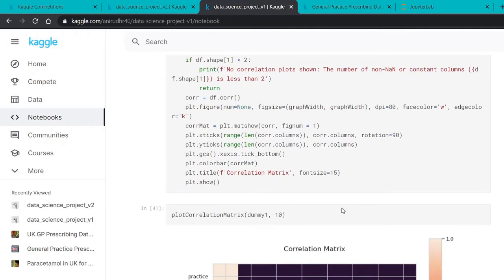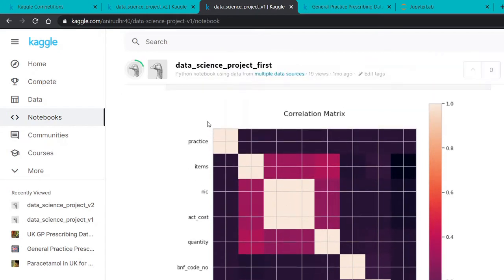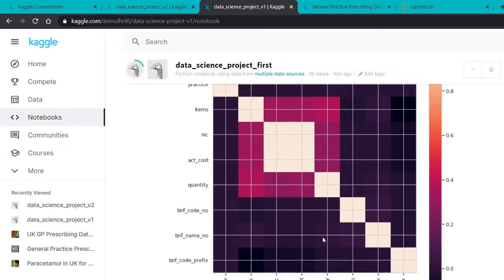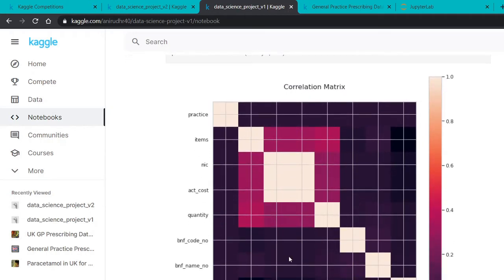And then there's a correlation matrix that we formed for the different columns in the data with respect to each other. As you can see in this differently colored box, NIC and ACT are in that white zone.